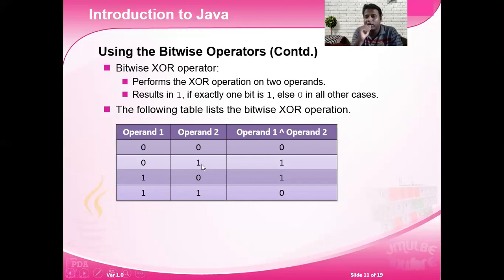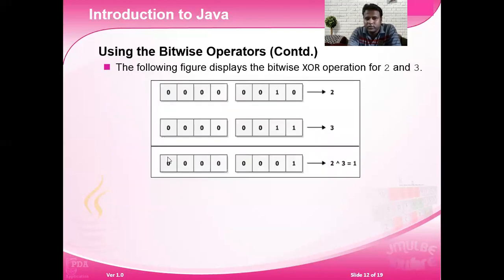If exactly 1 bit is 1, it returns 1. 1 0 returns 1, and 1 and 1 returns 0. That is the work of the XOR operator. So 2 XOR 3 returns 1.